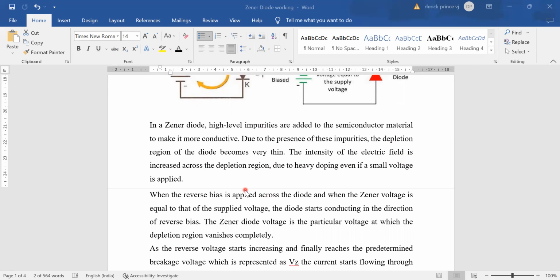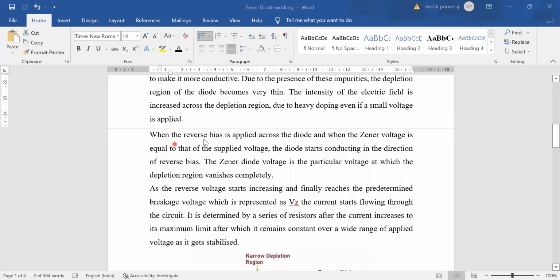The next paragraph shows that when the reverse bias is applied across the diode and the Zener voltage is equal to the supplied voltage, the diode starts conducting in the direction of the reverse bias. The Zener voltage is the particular voltage at which the depletion region vanishes completely. That is the Zener breakdown region where the depletion region vanishes completely.